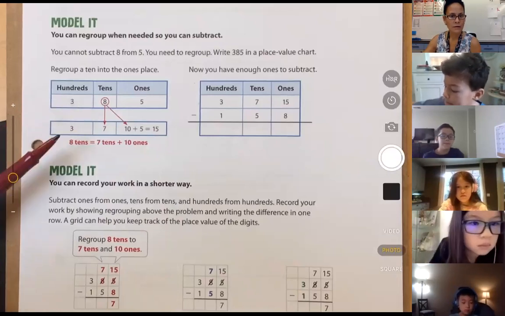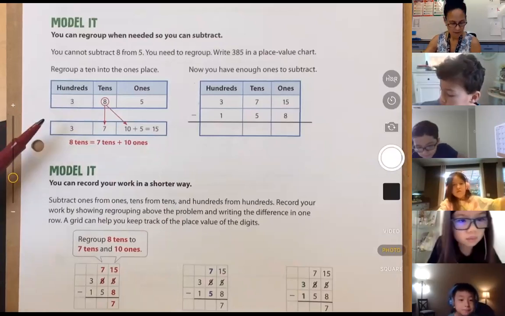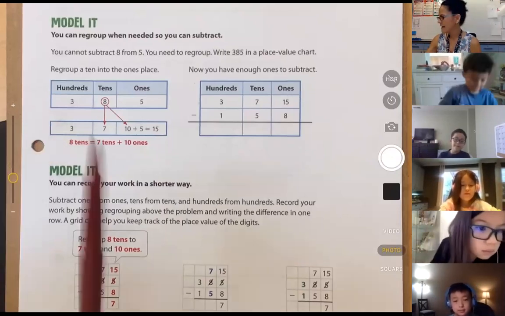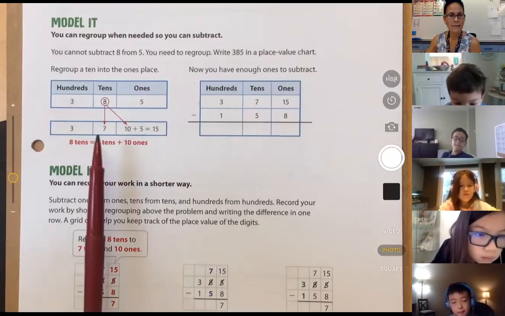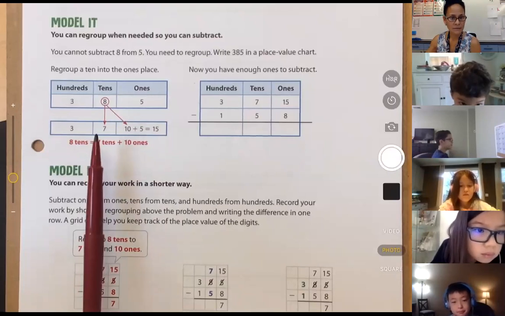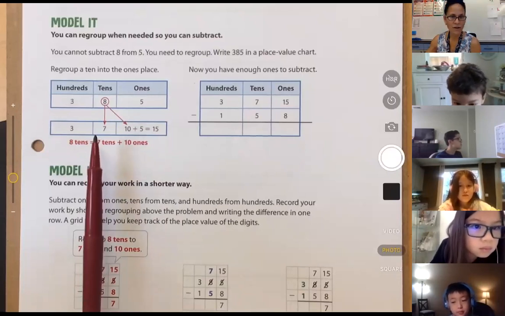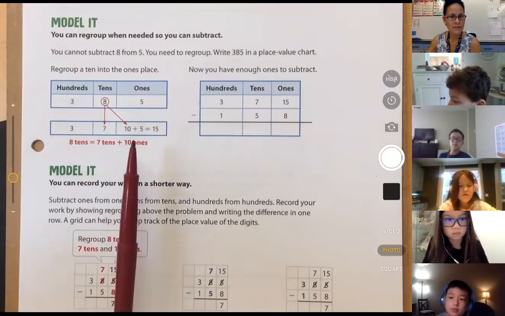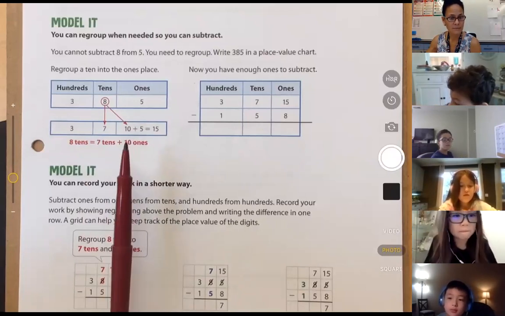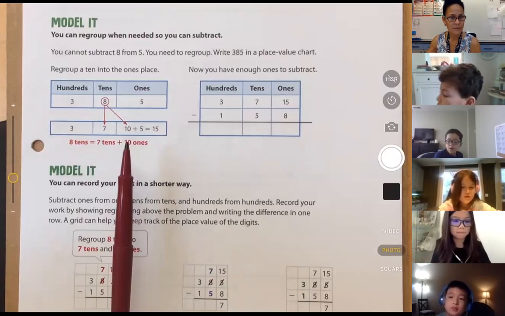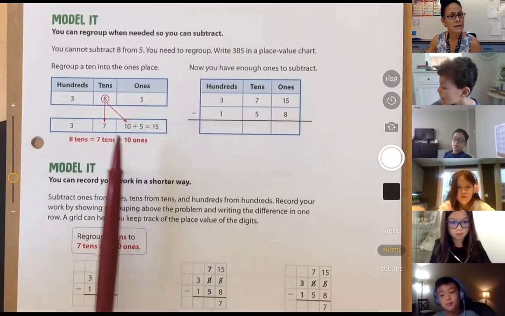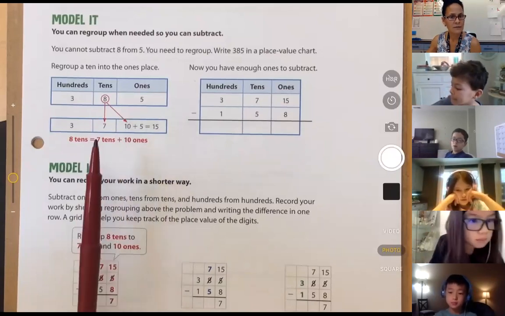They are regrouping it as we did on our expansion, noticing it's taking 8 tens and making it 7, but not changing the value of the 10 that's being regrouped, simply moving it next door to make the subtraction possible. So instead of 5 ones, we have 15. Instead of 8 tens, we have 7.